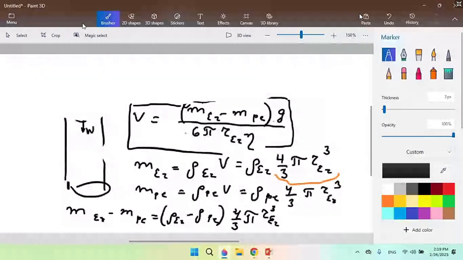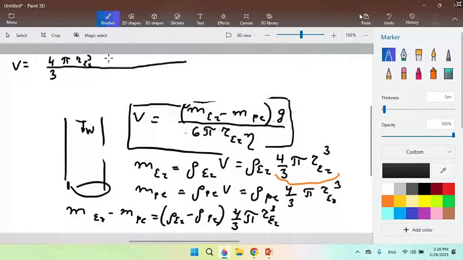V equals, so we've got 4/3, this one. Then we've got, let me write initially this, pi r erythrocytes power 3.